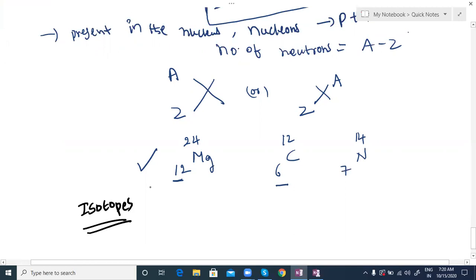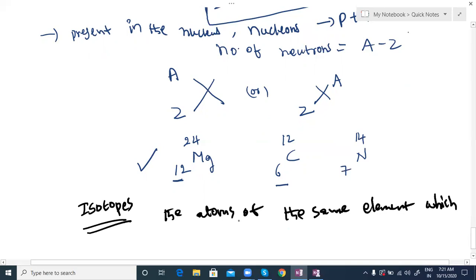You can write the definition: the atoms of the same element which have the same atomic number, that is Z, but different mass number, that is A.